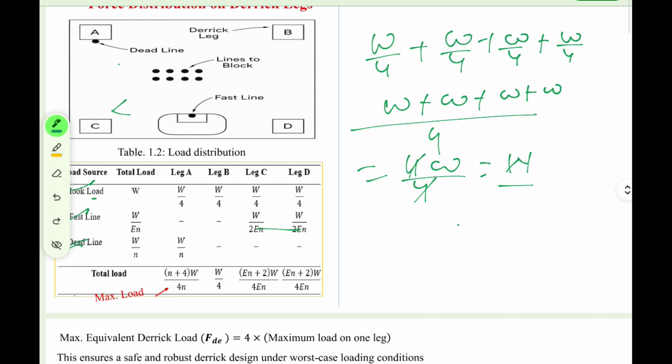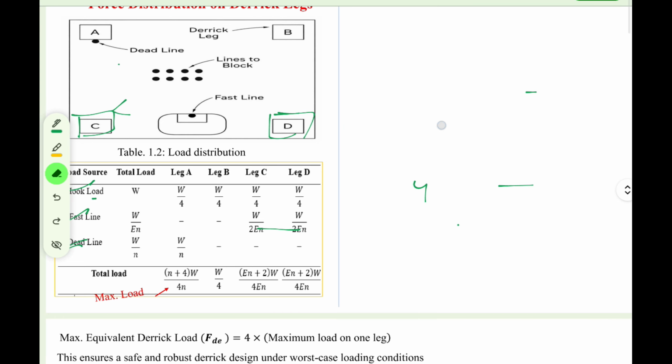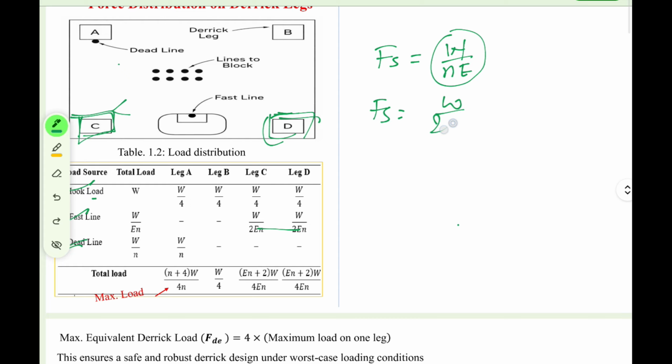Now the fast line. The fast line is attached in between leg C and D. So what is the fast line load? We have learned this in a previous class. The fast line load Fs is nothing but W by NE. Now this is the total load acting in the fast line, and this total load is divided into these two legs C and D. So can I say Fs can be W by 2NE?